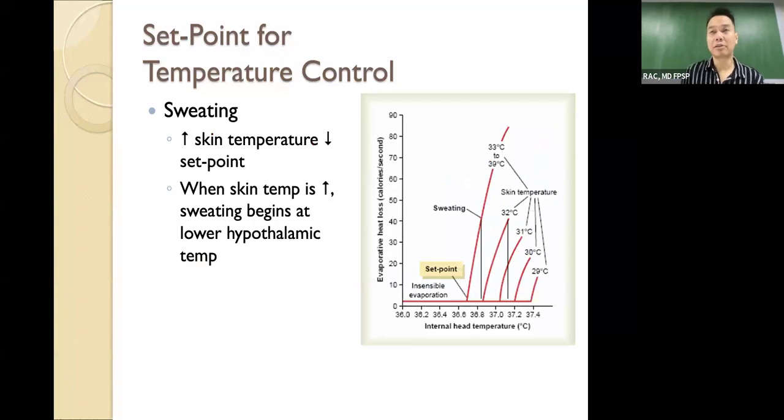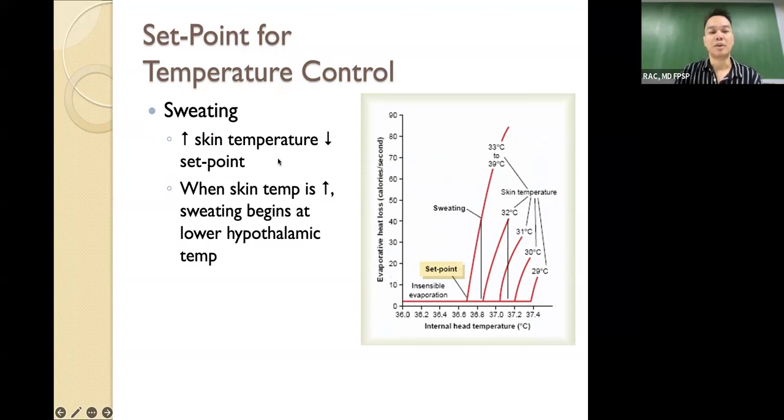Okay, now let's look at the set point and how the set point regulates our body temperature. First, let's look at sweating. In this diagram, this is the head temperature plotted against evaporative heat loss.